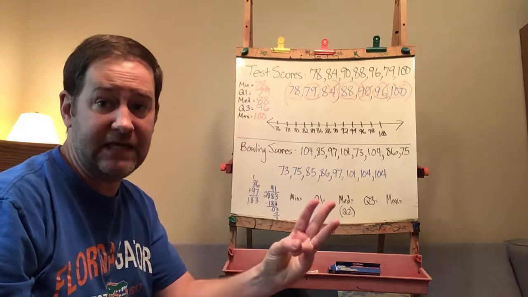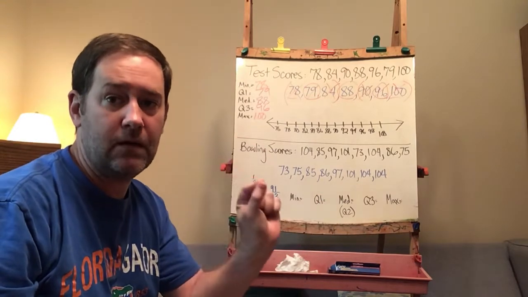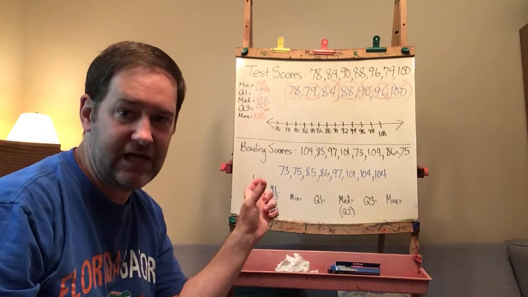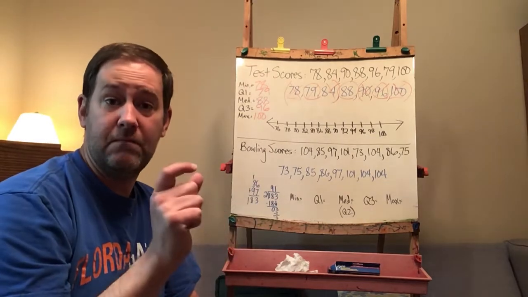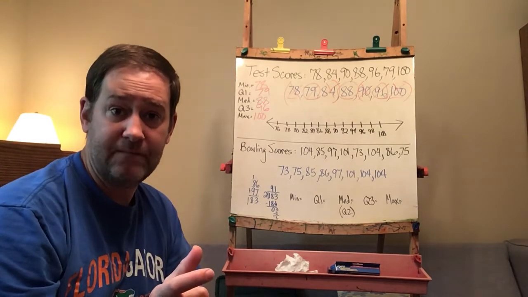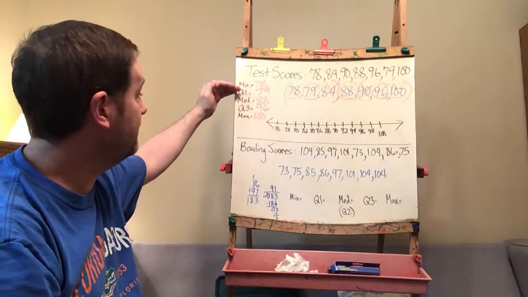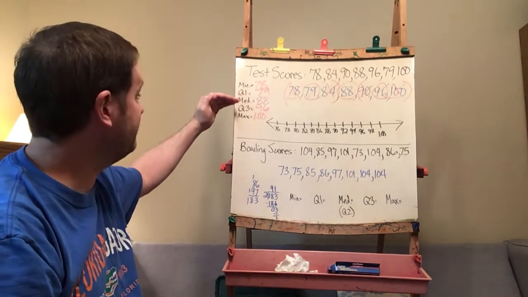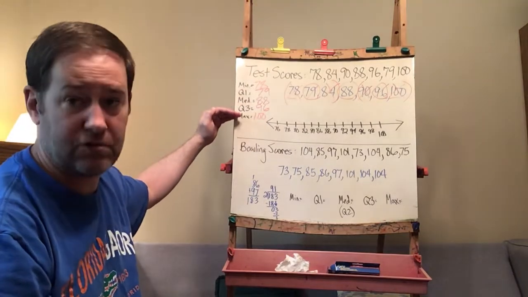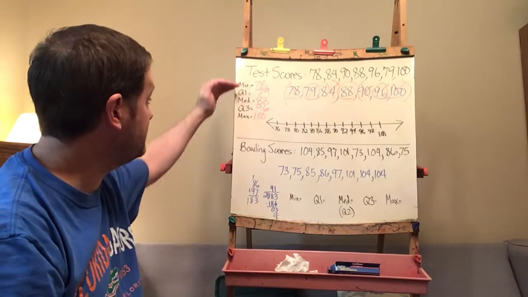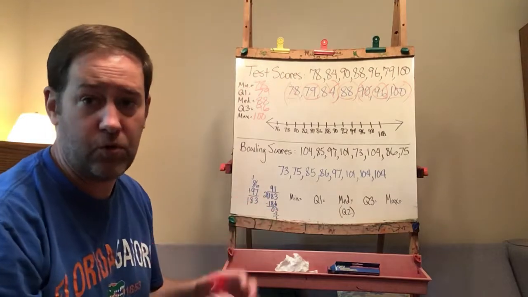Once I've got the median, I want the middle or median of the first half of the data, and then the median or the middle of the second half of the data. So I'm finding here the beginning, and then the 25th percentile, 50th percentile, 75th percentile, and the 100th percentile, the greatest. So that's how I'm breaking it up into quarters.